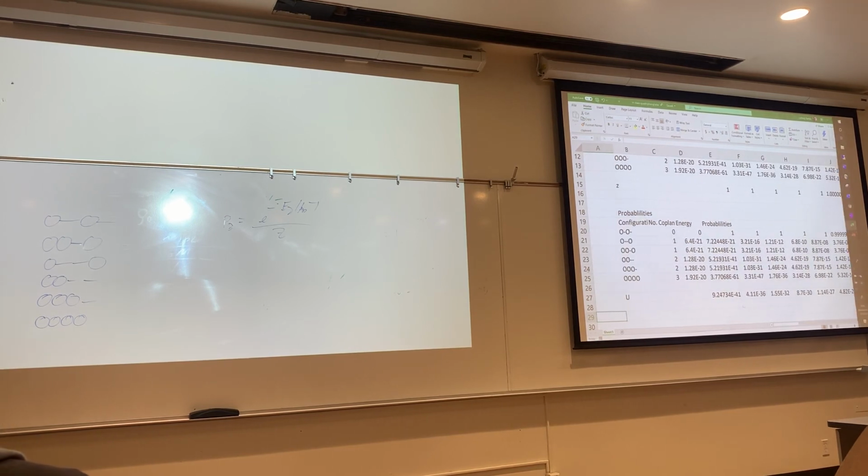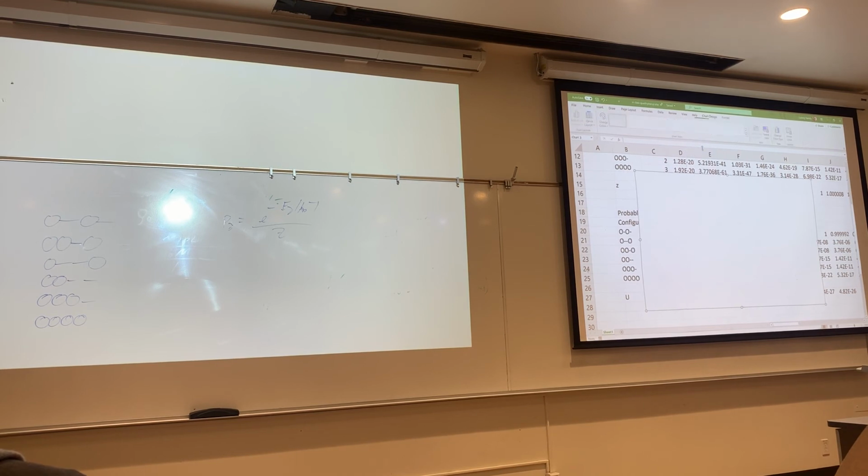And I always like to graph things when I want to see. So let's make the graph. And select the data. In the data, I'm interested in internal energy, and that is here.